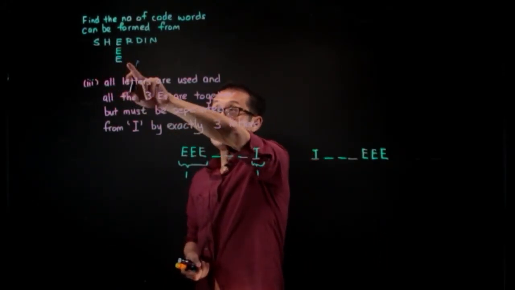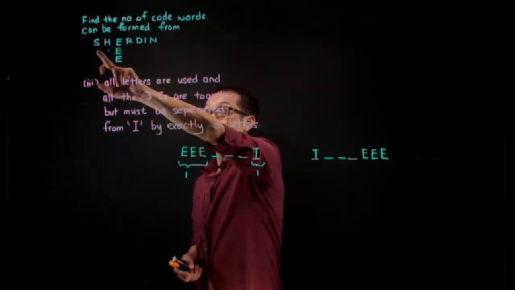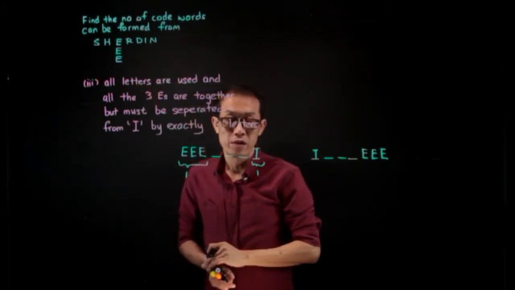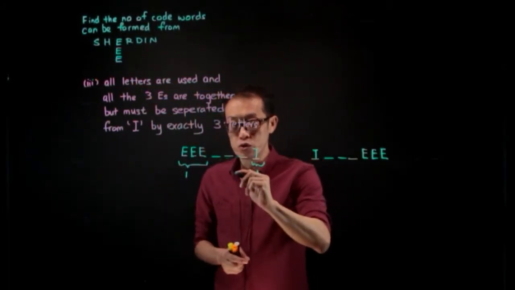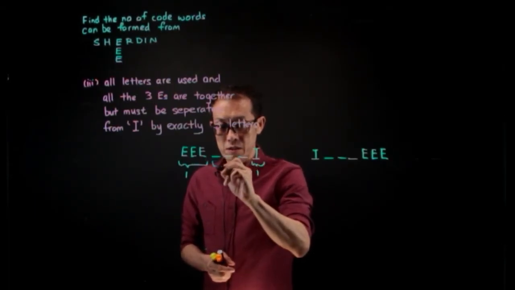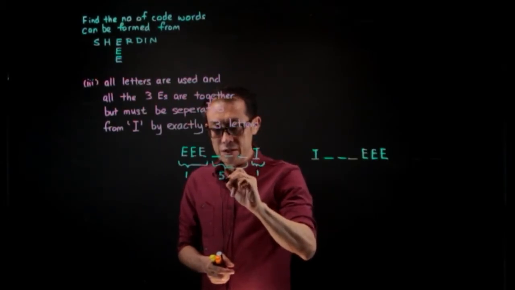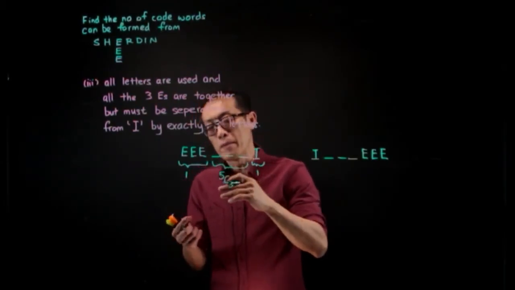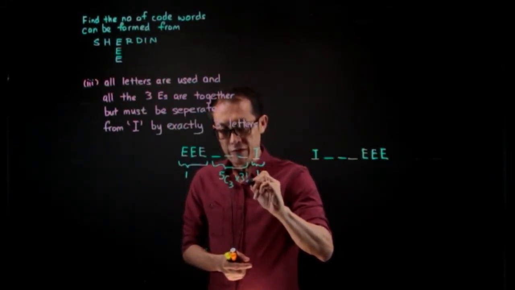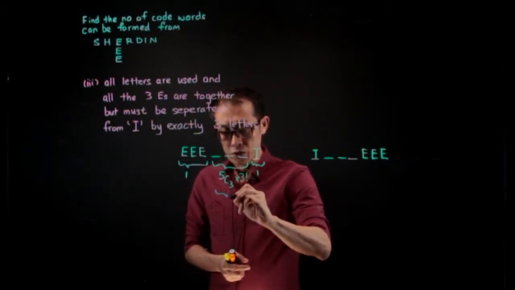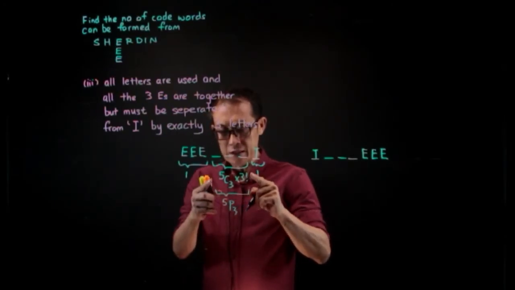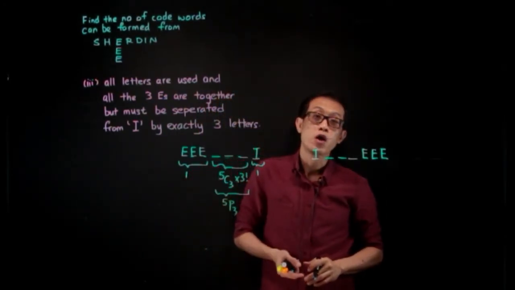You already used up the 3 E's and the I. So you still got 1, 2, 3, 4, and 5. And out of the 5, you have to choose 3 to place in between the I and the E's. So you have 5C3 over here. But you can permutate these 3, and they are all different. So times 3 factorial. Or some of you would like to use 5P3. This is actually 5P3. But for me, I like to use combination.